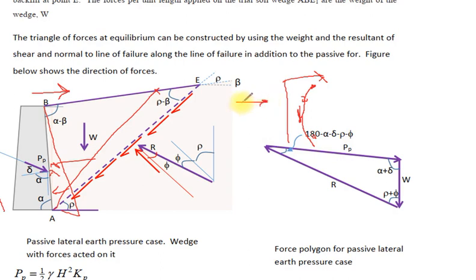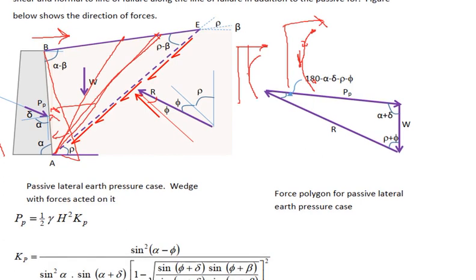Assume another line of failure, for example this line, and then this line, and compute P passive until we get the minimum value of P passive. The minimum value of P passive is based on the critical value of rho, the angle of the line of rupture.